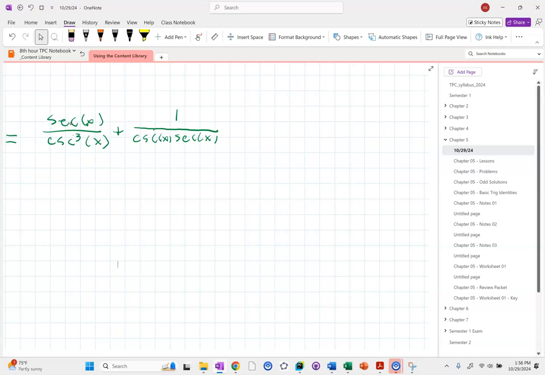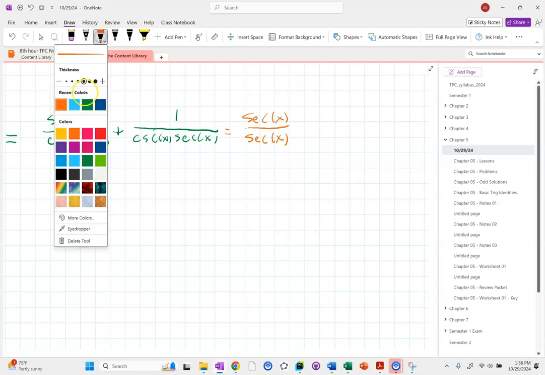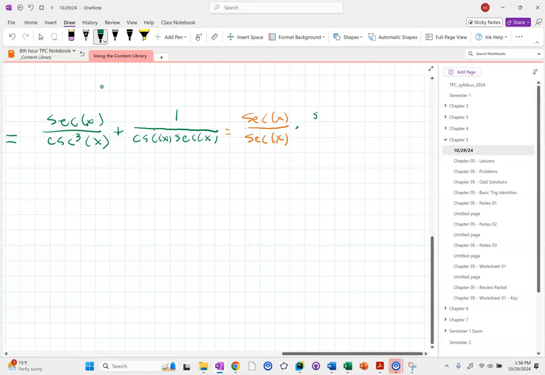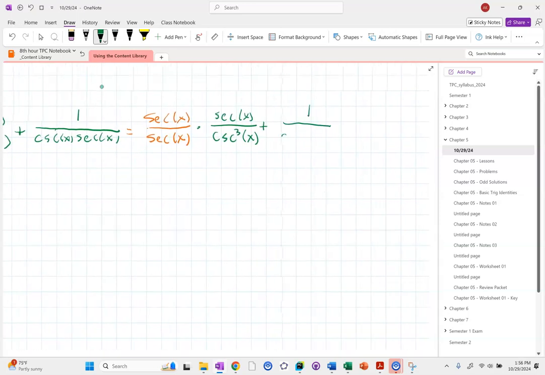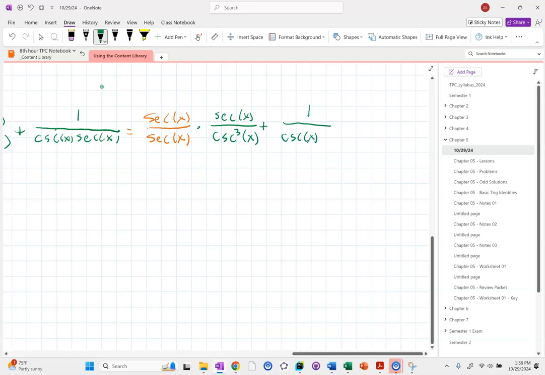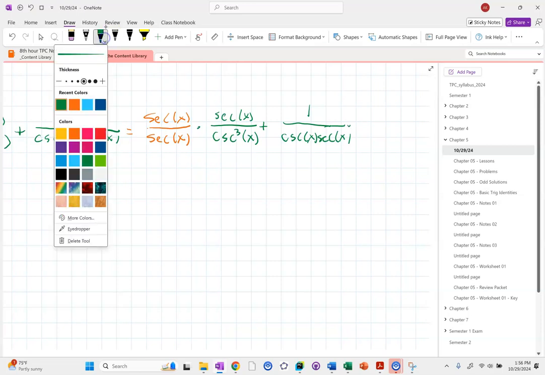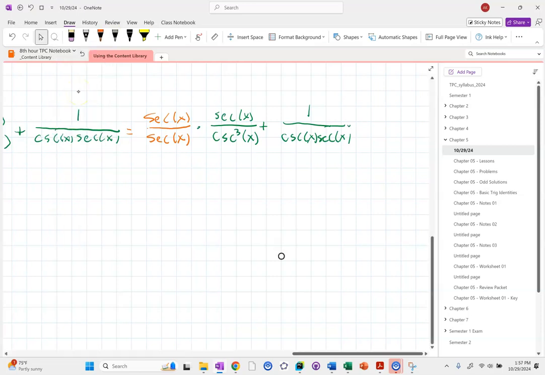The first fraction will multiply by secant x over secant x. That's fine. What are we going to multiply the second fraction by then?